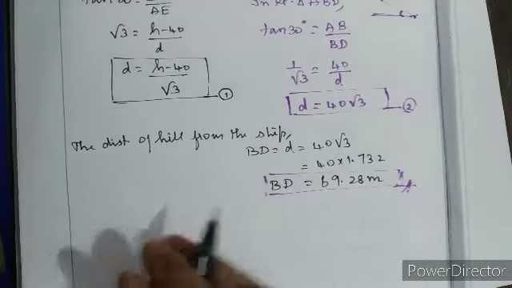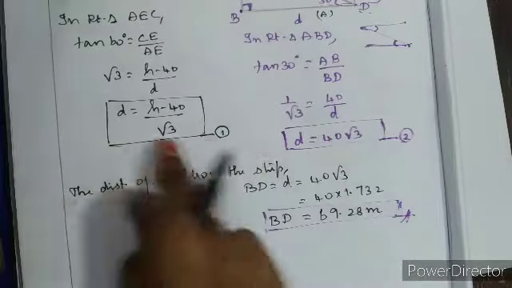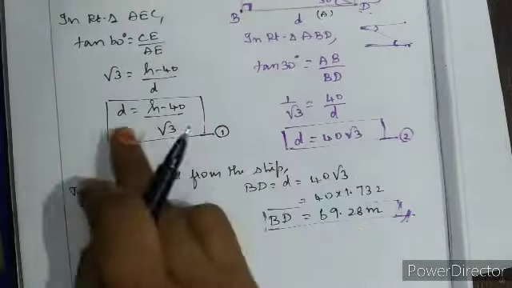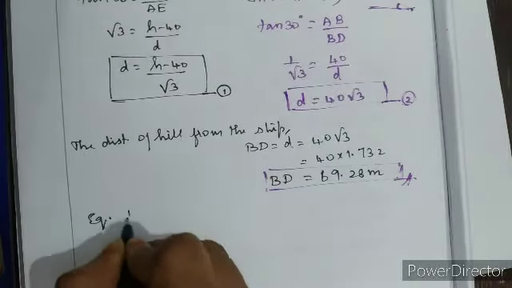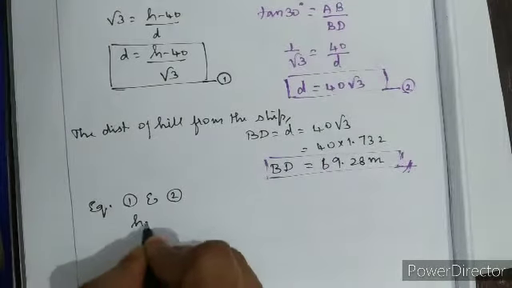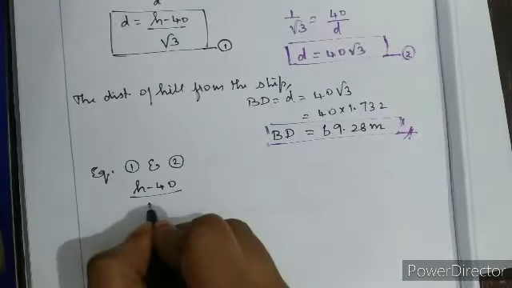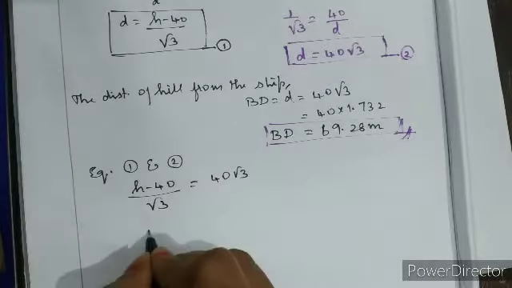The next part is to find the height of the hill. For that, I'm just going to equate 1 and 2. See, the LHS part is common, that is D, and here also it is D. Therefore by equating 1 and 2, writing the RHS part alone, H minus 40 by root 3 is equal to 40 root 3. Let me simplify this.